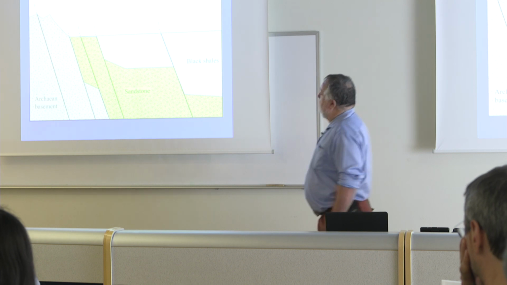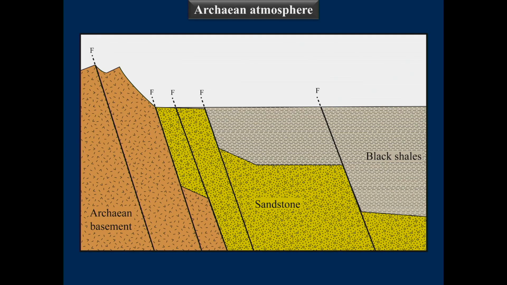So, okay, here is the situation: Archaean basement, sandstone, black shale, and water penetrating these rocks. Uranium was dissolved by water and accumulated in this place here along the faults, in the contact between the black shale and the sandstone. So we need transport and concentration of uranium.